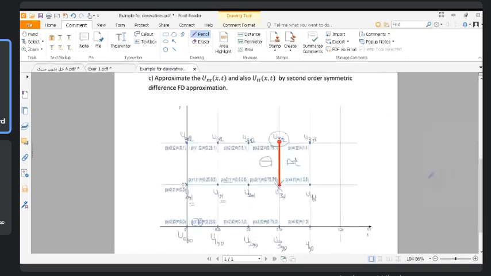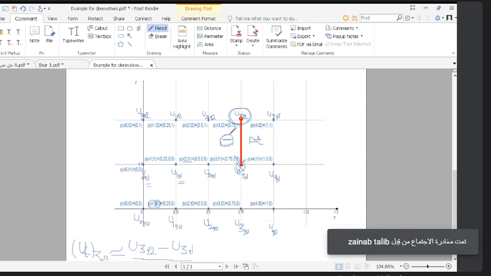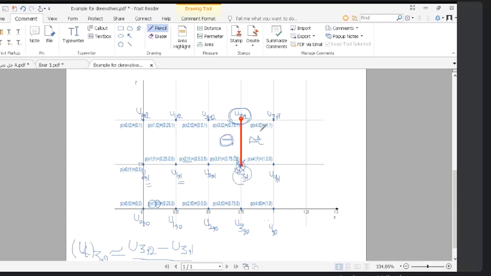I have said, to compute UT at x3 and 1, at this point, the diagram is U32 minus U31 over delta t.